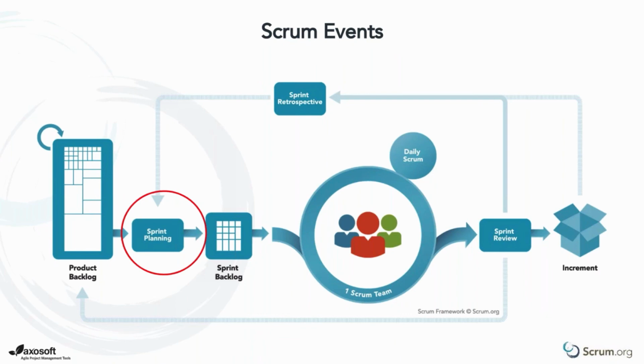So the last part I want to talk about and really hit on are the Scrum events. The first event we'll talk about is sprint planning. I've touched on all these a little bit as I talked about the other pieces, but sprint planning is an event that takes place at the beginning of every sprint.